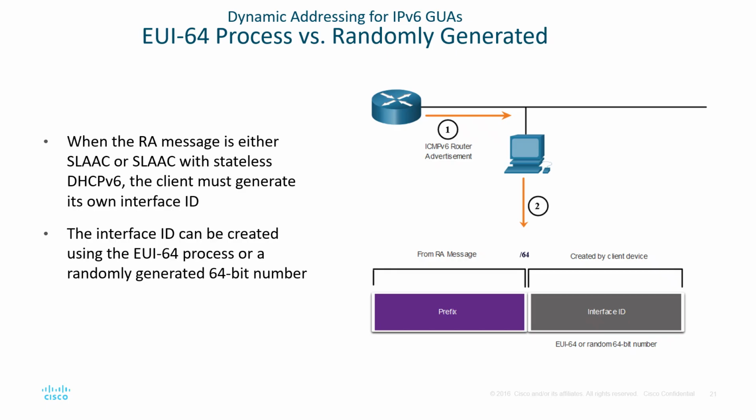There are two different methods. When the RA message is either SLAAC or SLAAC with stateless, the client must generate its own interface ID. The interface ID can be created using either the EUI-64 process or by randomly generating a 64-bit number.